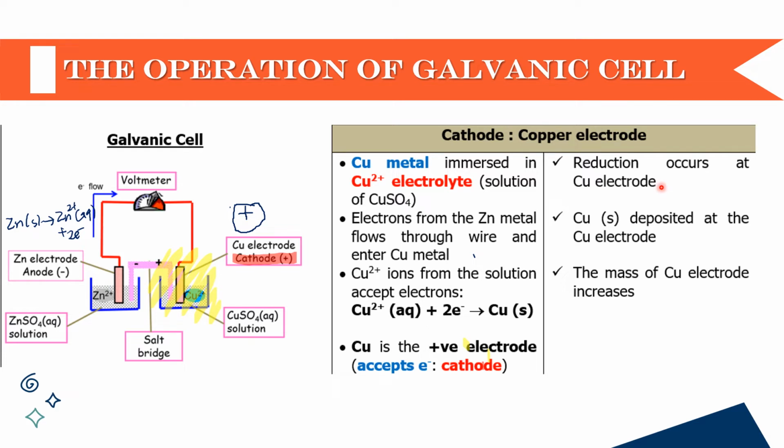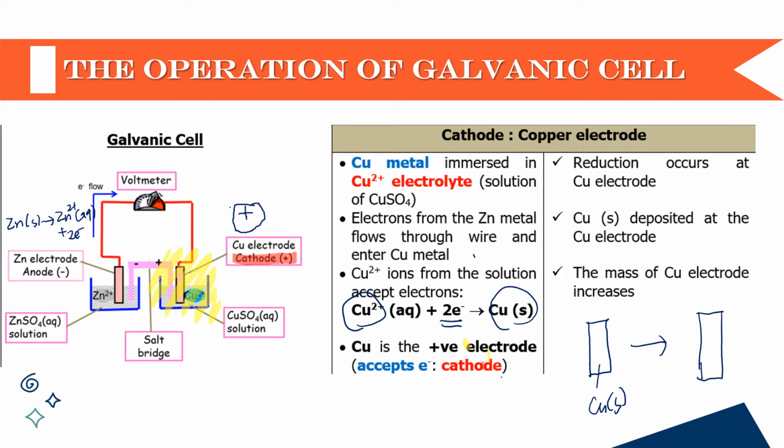What's the observation we can see from the copper electrode? Since it accepts electrons, a reduction process occurs. Copper solid is deposited at the copper electrode. What does it mean? Initially this is your copper solid. When copper 2+ accepts 2 electrons, copper solid is formed.